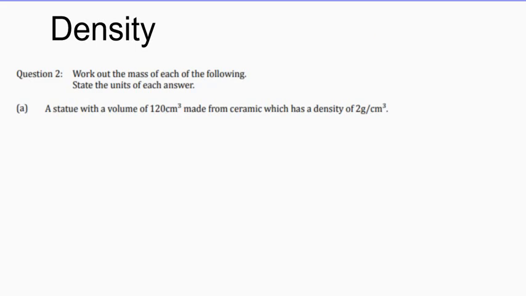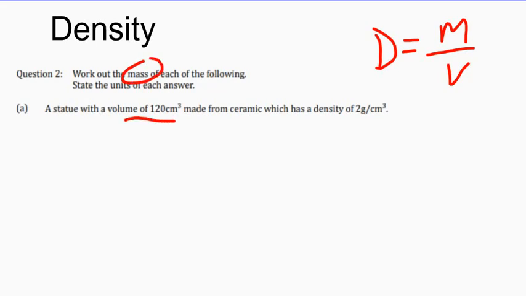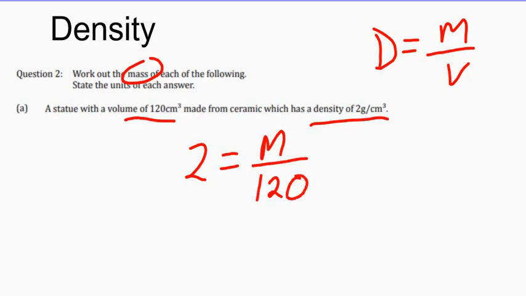First of all, let's write down: density equals mass over volume. You need to remember that. This time we're trying to work out the mass. We're told the volume, we're told the density. So let's write it down: 2, that's the density, equals the mass, that's the thing we're trying to work out, so I don't know what that is yet, over the volume, which is 120.